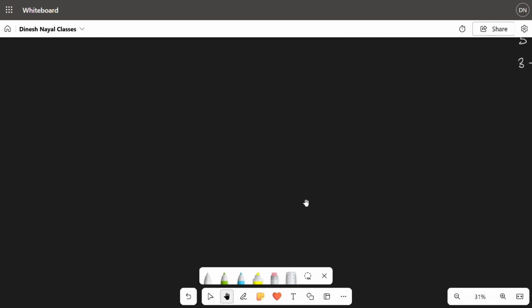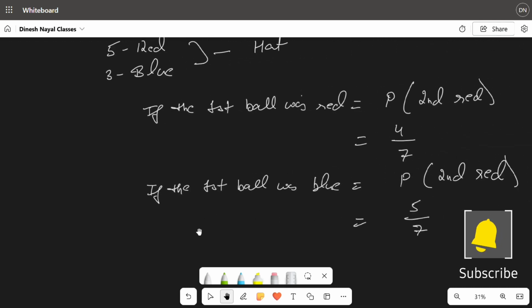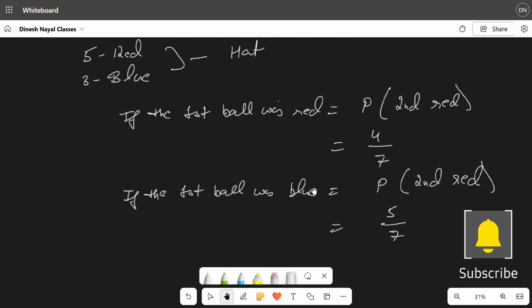So what do we mean by dependent events? Two or more events are dependent if the occurrence of one event does affect the occurrence of the other, as you can see here. The probability of the second red depended upon the color of the first ball.